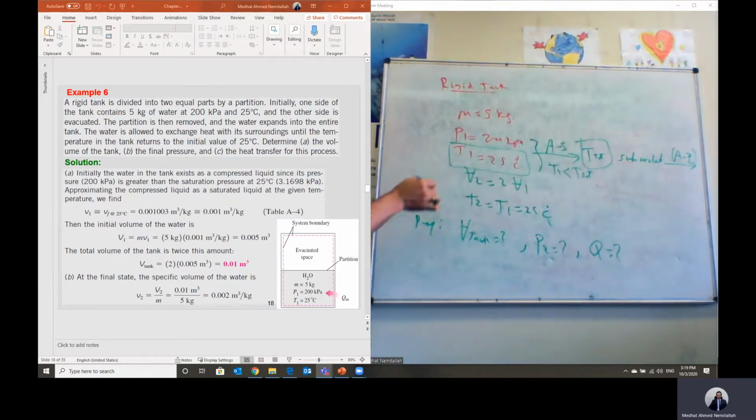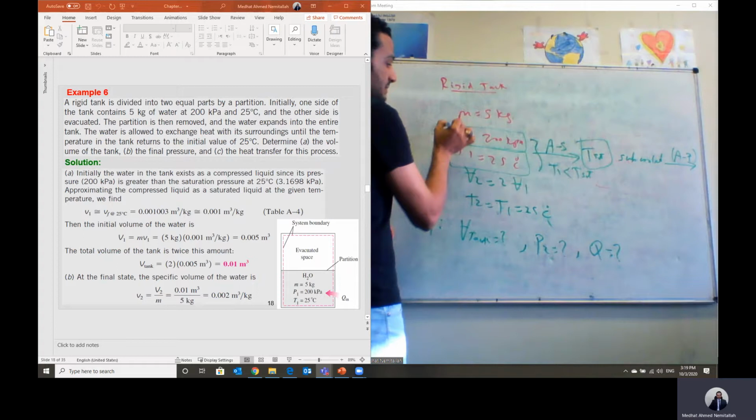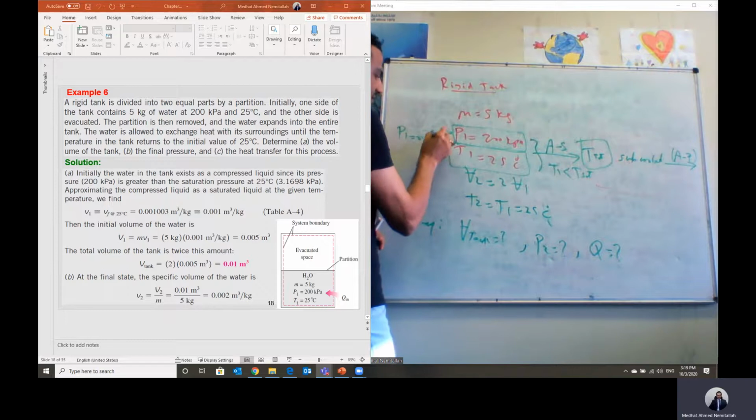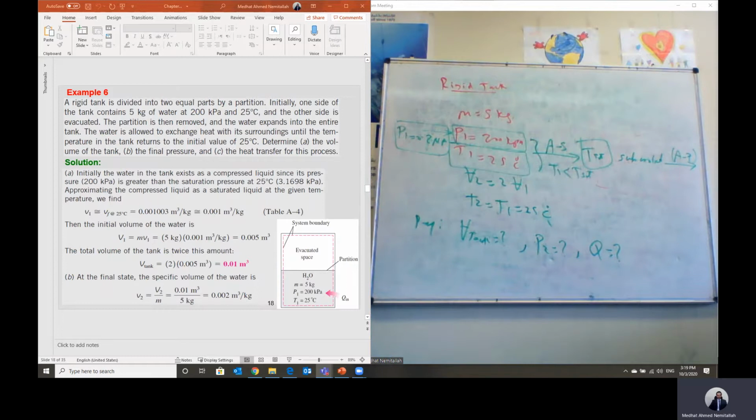But the pressure P1 is 200 kilopascal, so 0.2 megapascal, and the first table in table A7 starts with a pressure equal to 5 megapascal. That means at 0.2 megapascal we don't have a table in this case.